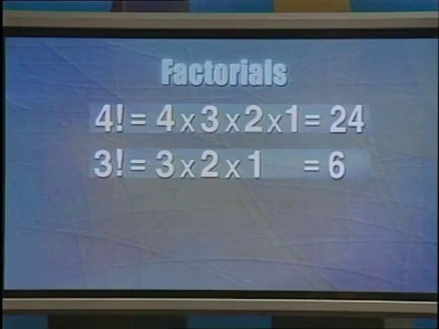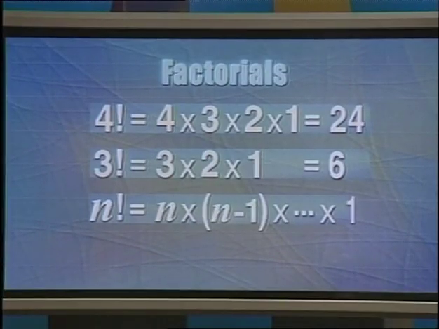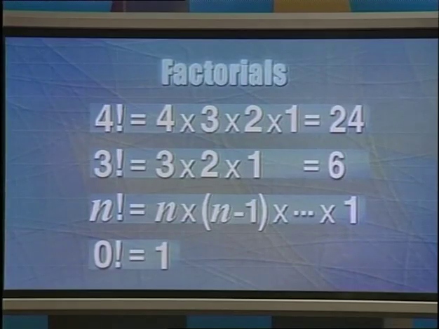So generally, n factorial would give us n times (n − 1) times (n − 2) times (n − 3) all the way down to 1. And by convention, 0 factorial is defined as being equal to 1.